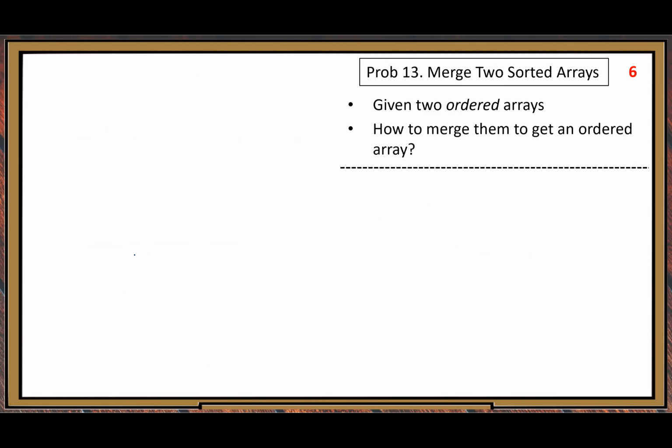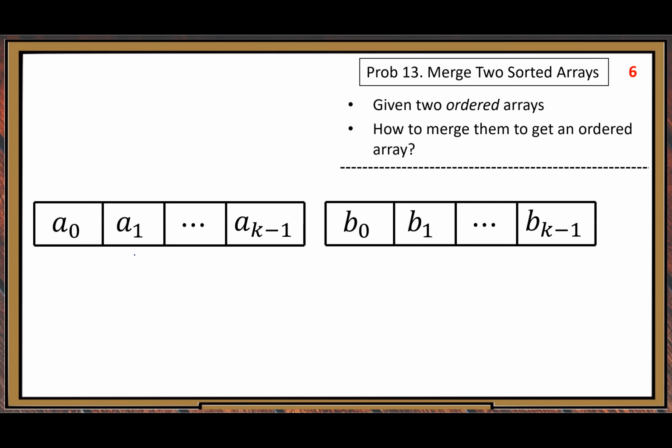Next, let us work on the general merge step. These two subarrays, we assume they are sorted. When we start, let us compare the two leftmost elements, A0 and B0.